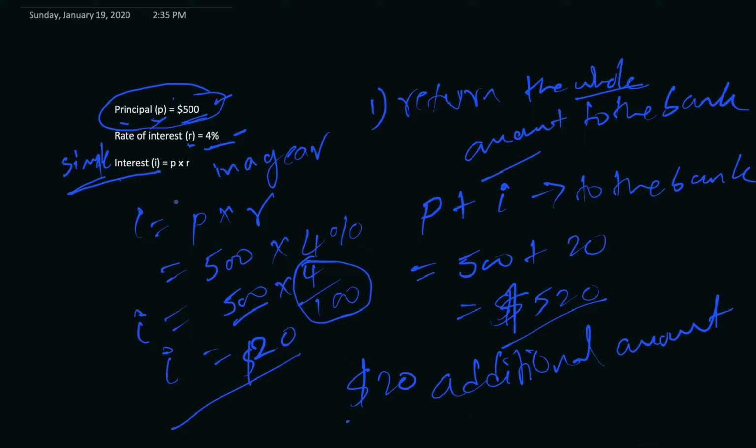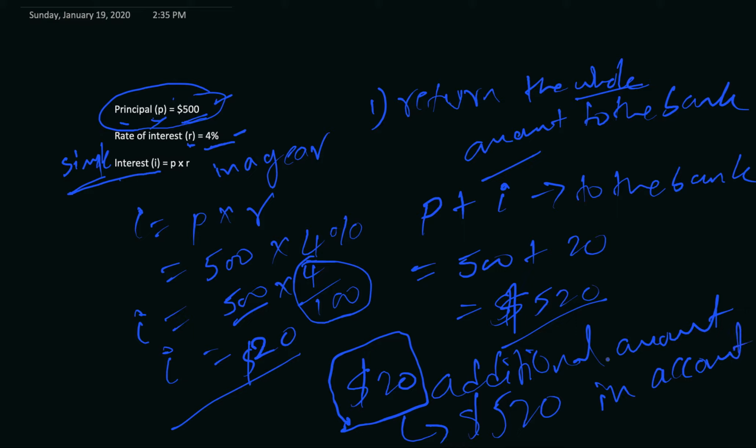So if you deposited $500 in your bank account, by the end of the year you would see that your $500 has increased by $20 and you would have $520 in your account. Cool. Simple enough? Okay, we will do some more examples based on the simple concept.